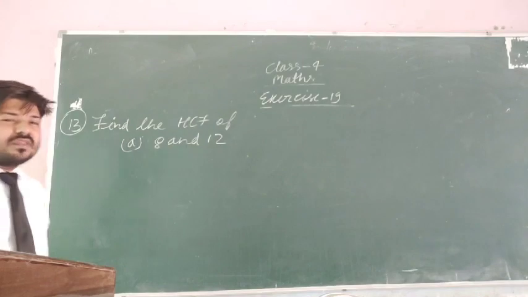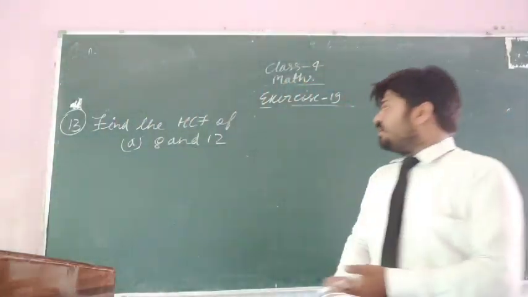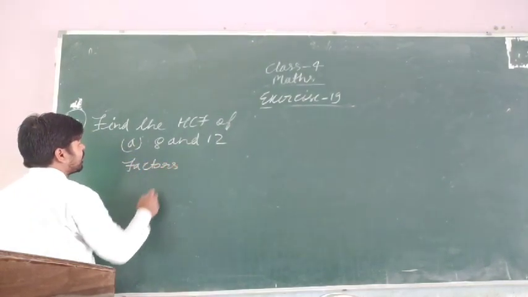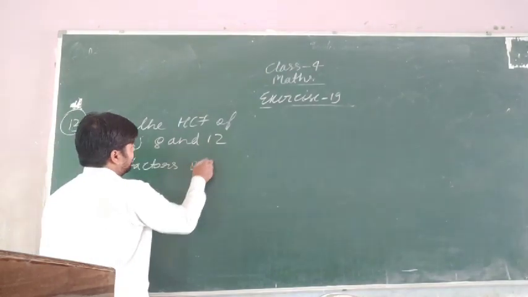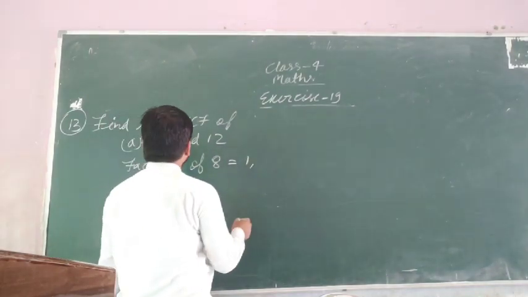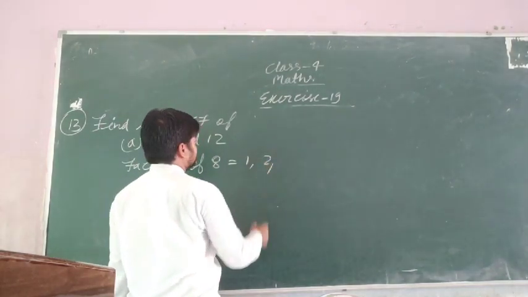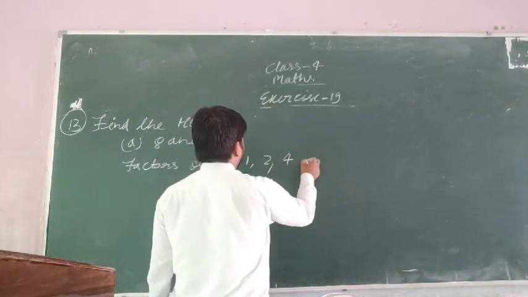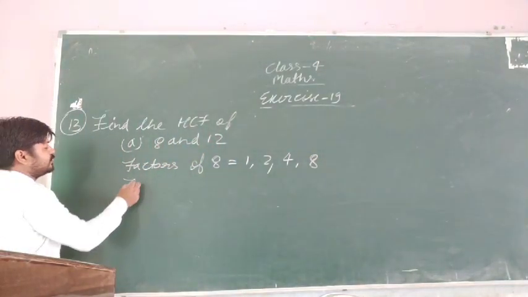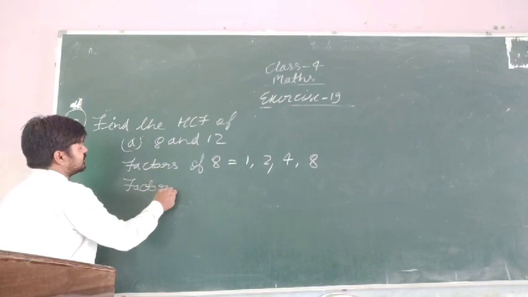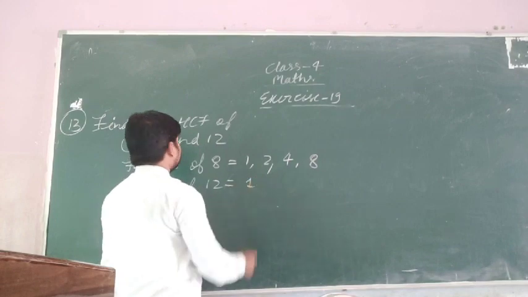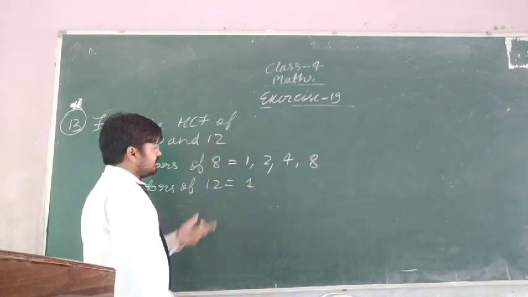Okay. So firstly you have to write here factors of 8. So what will be factors of 8? 1, 2, 4 and 8. Okay. Then you have to write here factors of 12. So the smallest factor will be 1. Then by 2 it will be division or not.